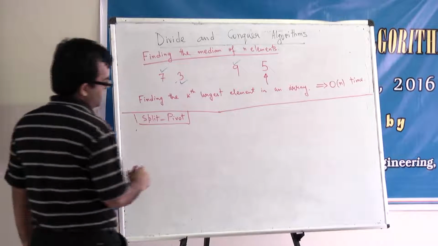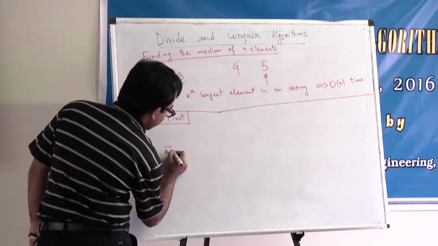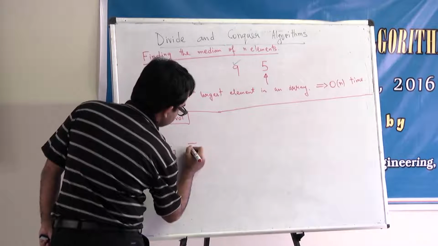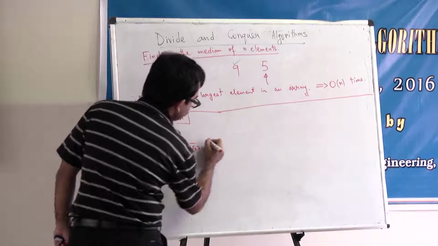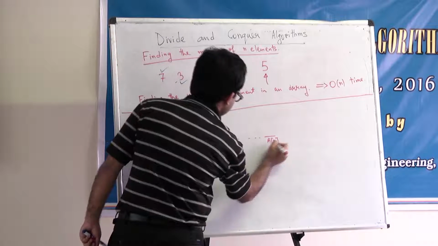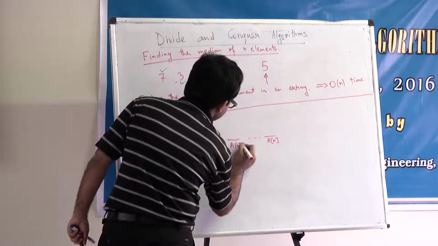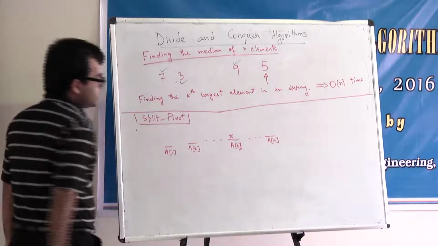So what is split pivot? It says basically you are given an array of n elements. And now suppose I give you an element x that is in position x.